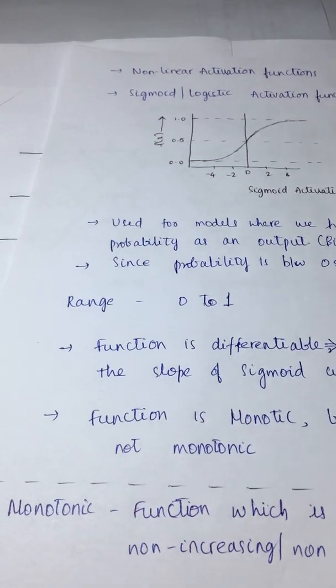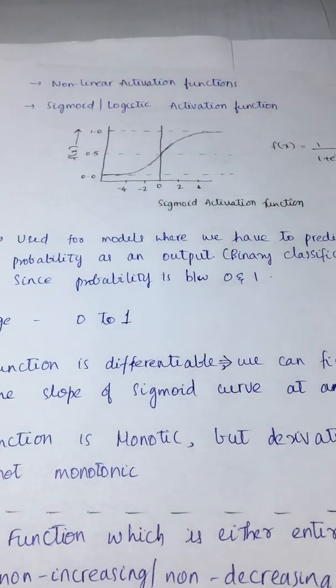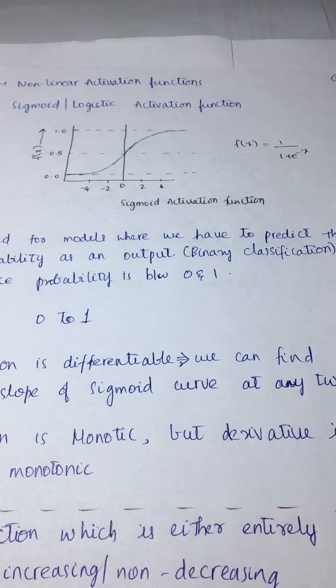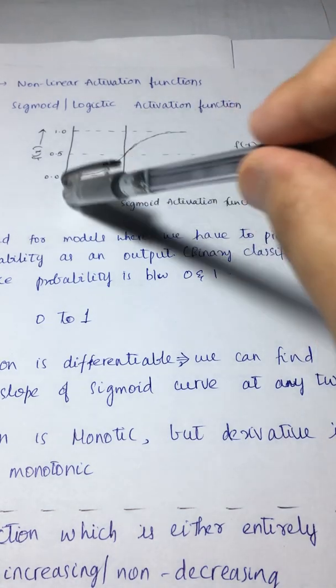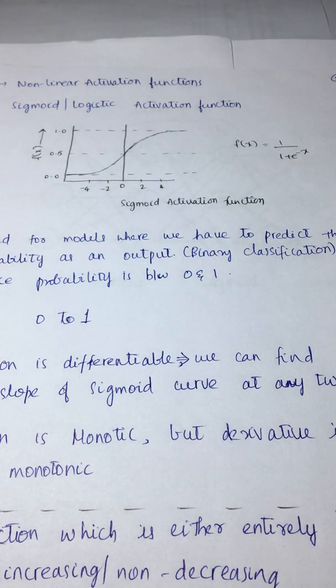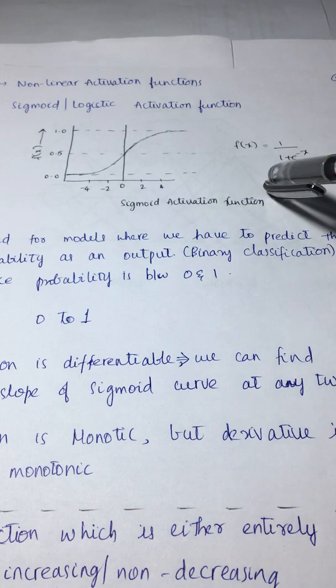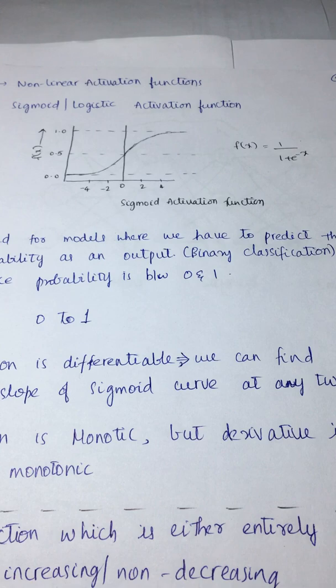The first one we are going to look at is the sigmoid activation function, sigmoid or logistic. You would have commonly seen this in logistic regression, right? The formula is sigmoid, 1 by 1 plus e power minus x, right? So when do we use this?